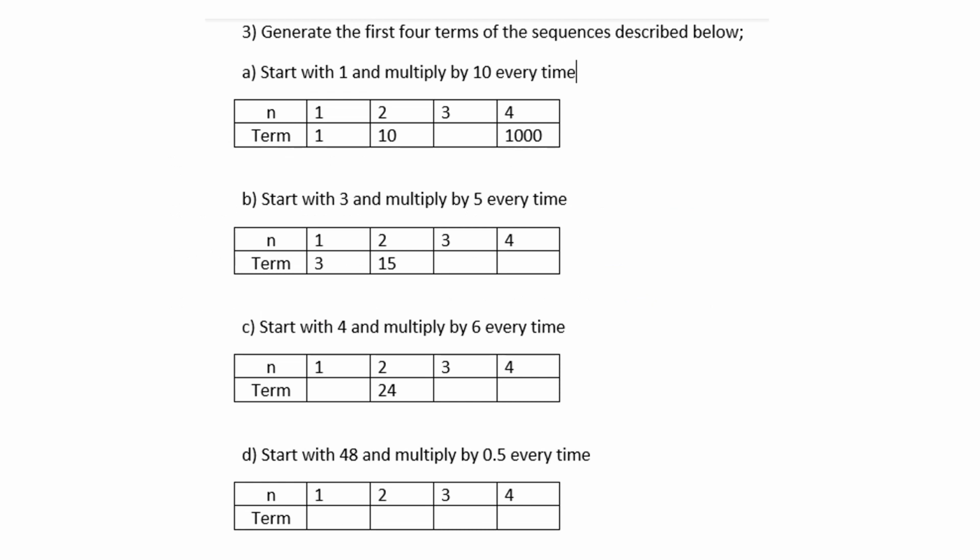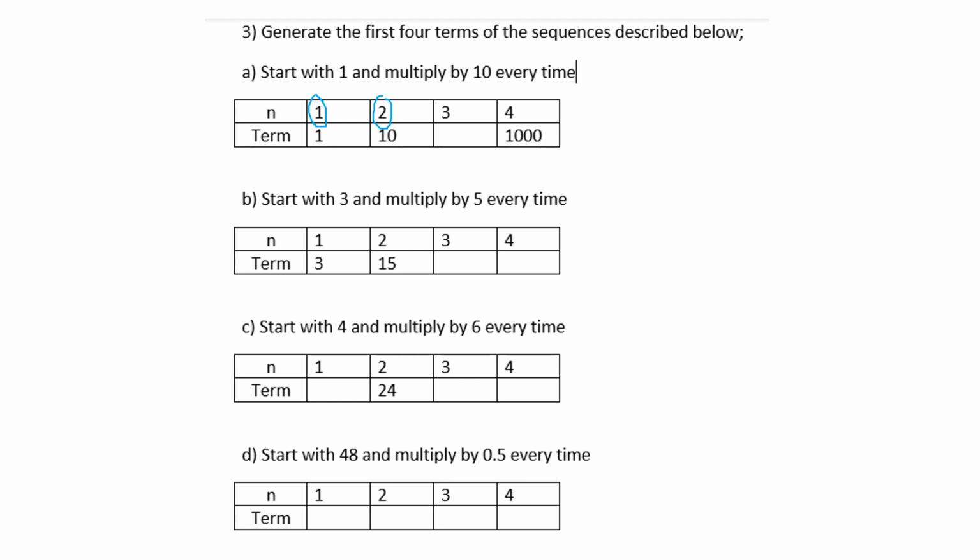Question 3 on the worksheet says generate the first 4 terms of the sequence described below. So what they are saying is that we need to write the first 4 numbers in the sequence. They've already started us off. They've put it into a nice little table here. These numbers at the top, this 1 and this 2, are the terms in the sequence.